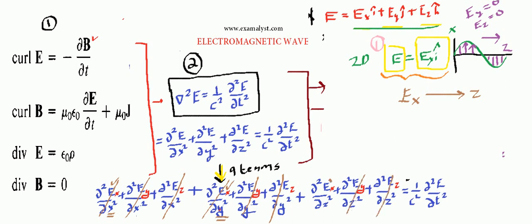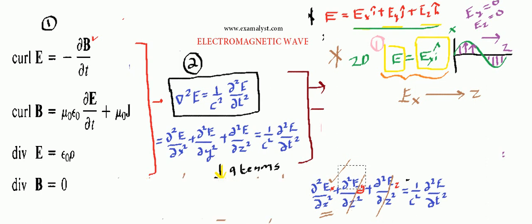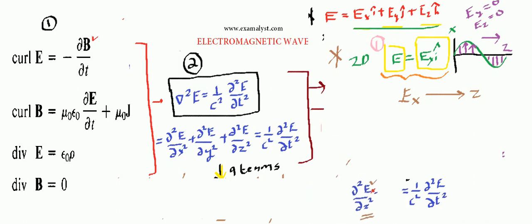I have a vibration of the electric field along the x-axis and a propagation along the z-axis. So my choice of having an electric field vibrating only along the x-axis makes this big equation very small. All the terms get cancelled, so let me just delete them, and we are left with this simple equation. This was our purpose, to make our life simple.